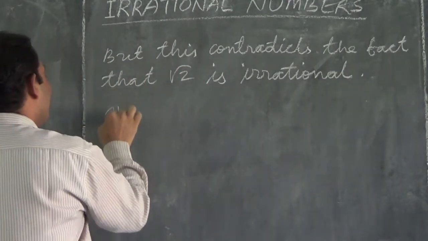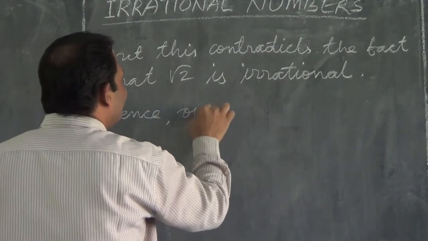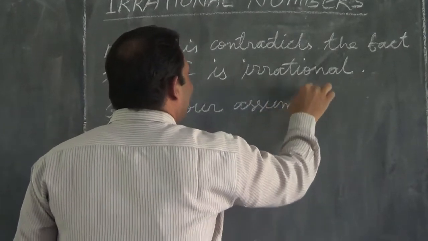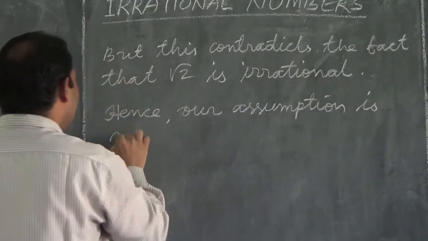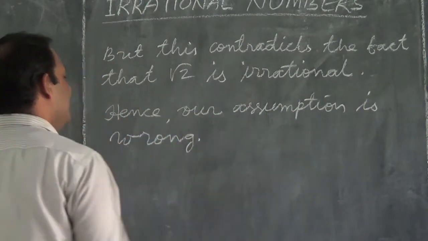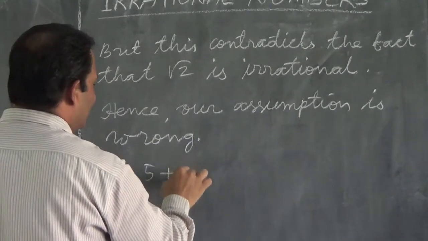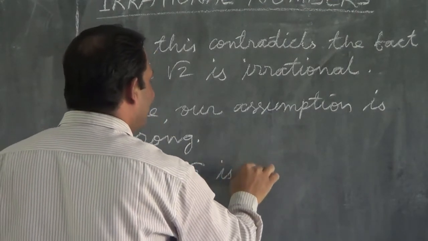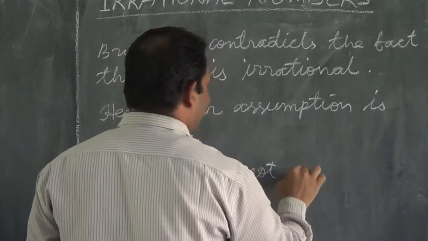Hence our assumption is wrong. So we can write 5 plus root 2 is not a rational number, or is not rational.